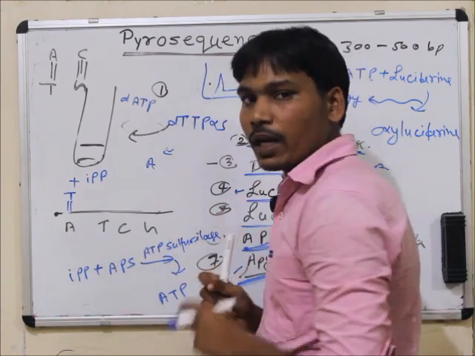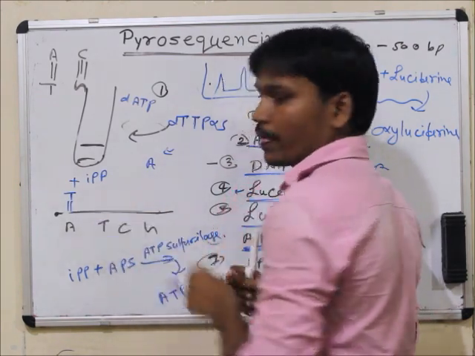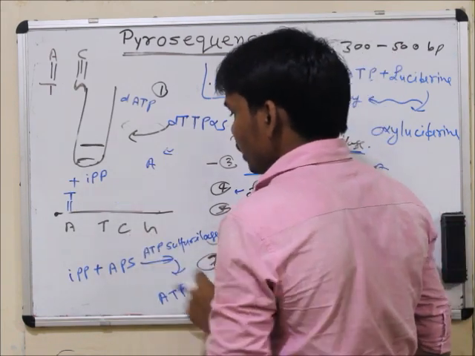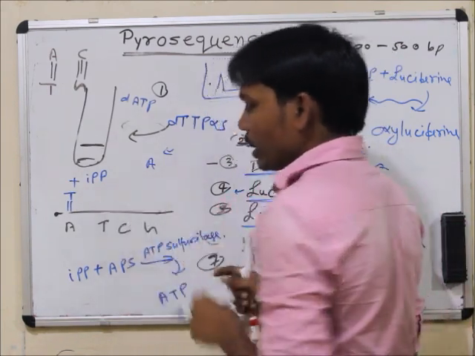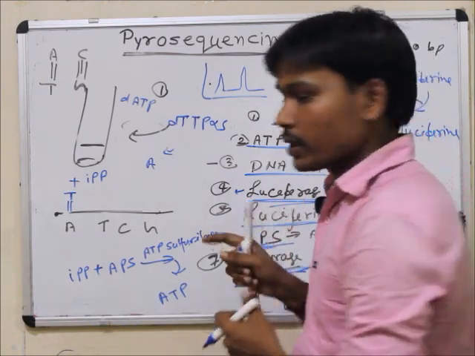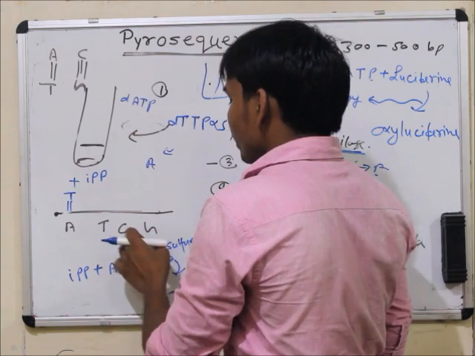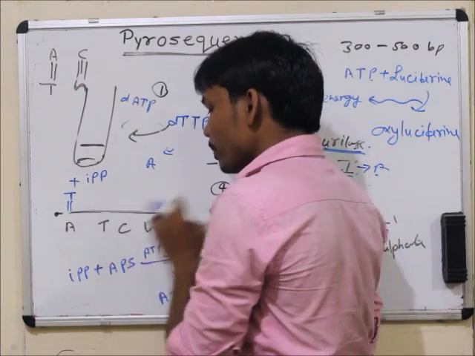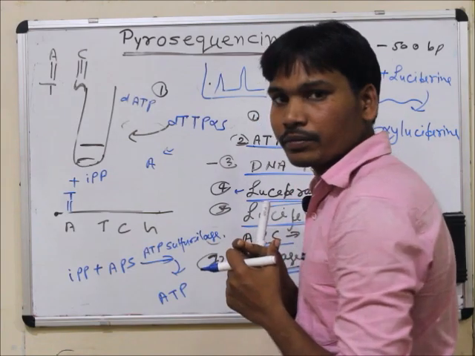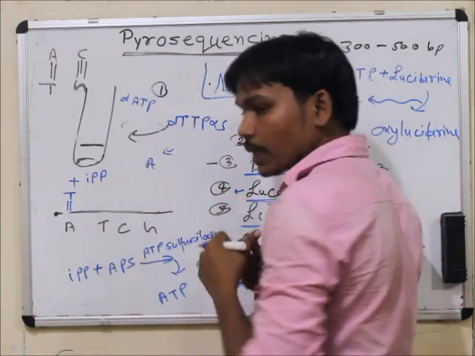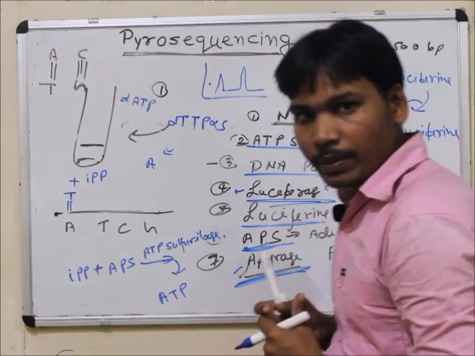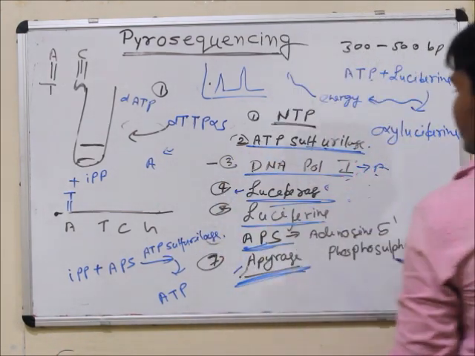The second base would be a T, complementary to the A. And in the third case, G matches and the energy is released. That process will take place, and that was detected by the system. So there is G complementary to C. By this method, the whole sequence of the DNA fragment, of the single strands, can be determined.